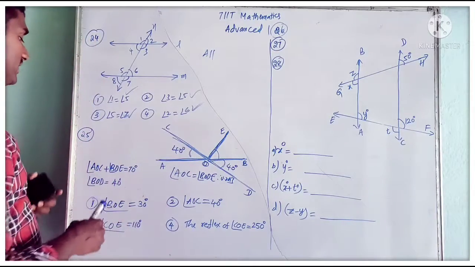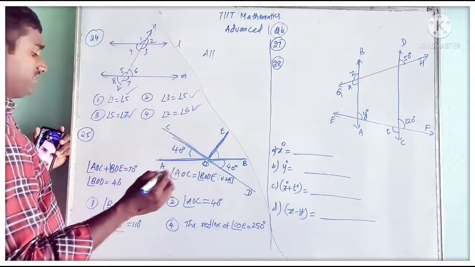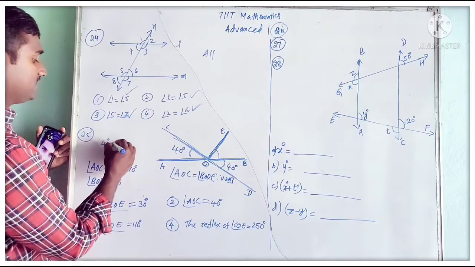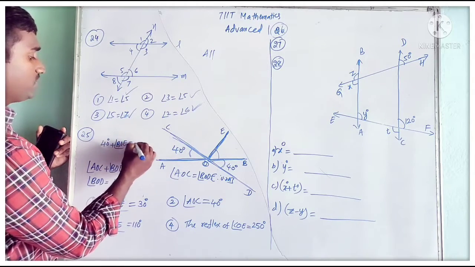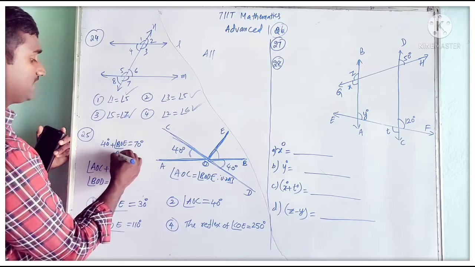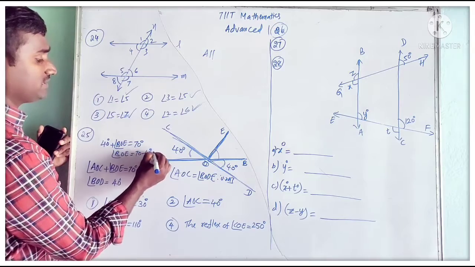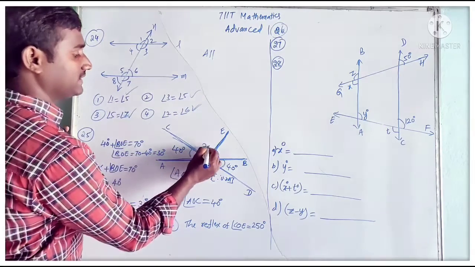They are given angle AOC plus angle BOE equals 70 degrees. Angle AOC is 40, so 40 degrees plus angle BOE equals 70 degrees. Then angle BOE equals 70 minus 40, which is 30 degrees.